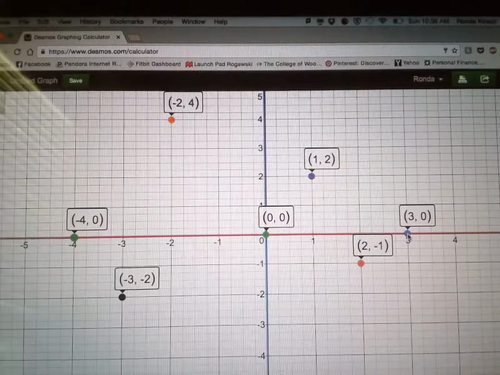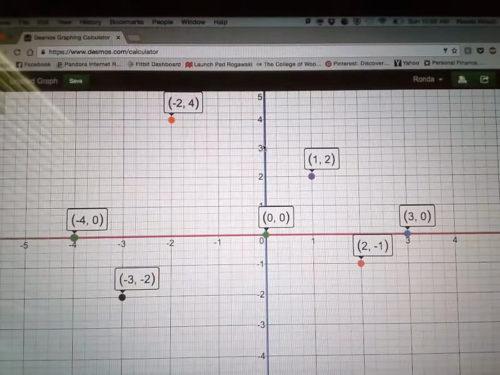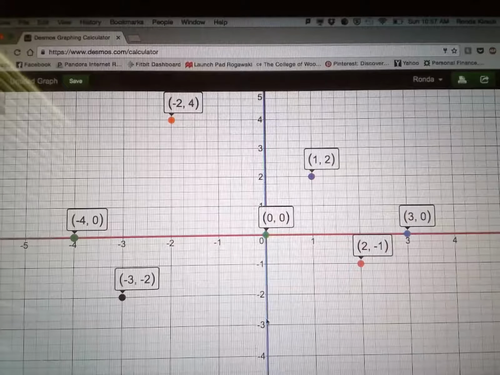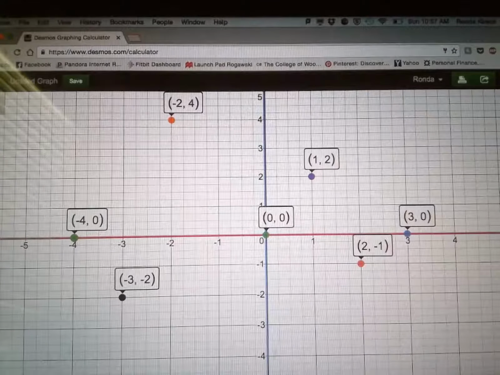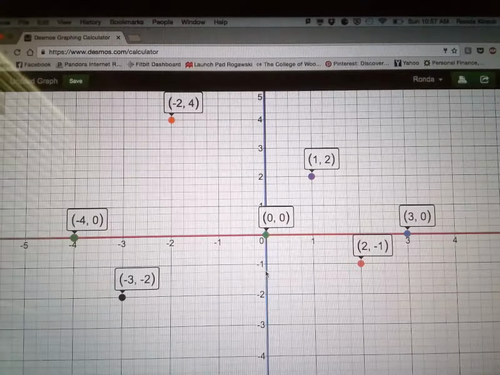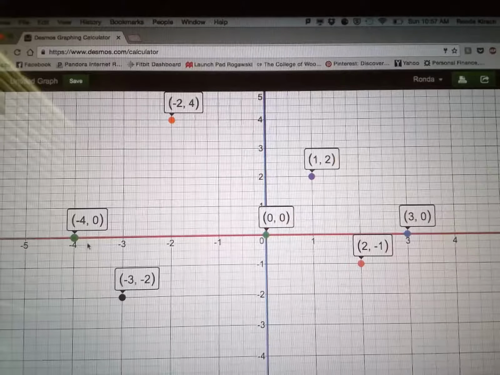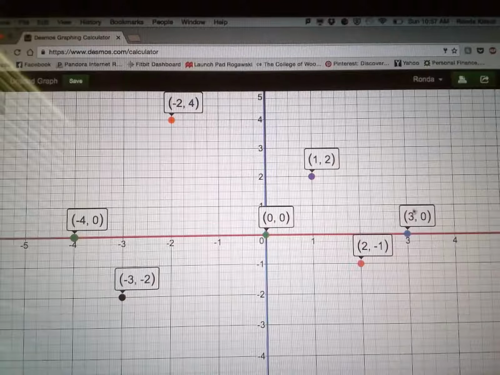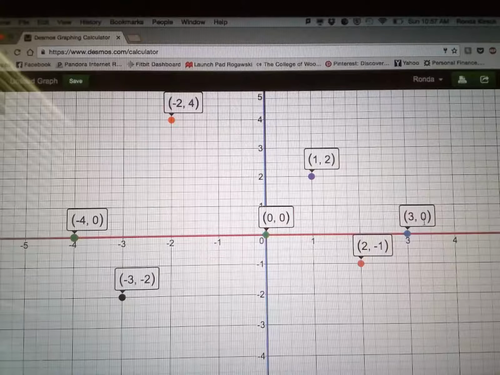So what do you think we need to do to get a point that lands on the y-axis? We would call that a y-intercept. If we think about this, these were x-intercepts, where we had a value for x, but a 0 for y.